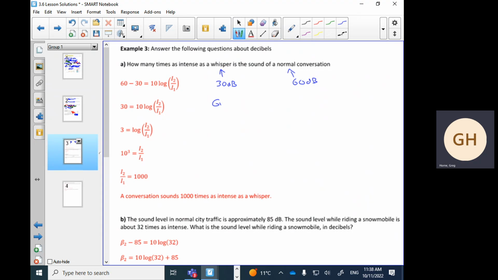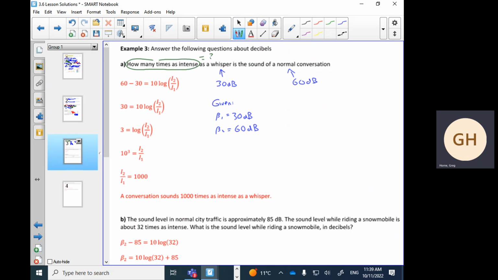If you went with your usual problem solving strategy, you'd say that is my initial loudness on the decibel scale, and my final loudness on the decibel scale. And I've been asked for "3 times as intense."